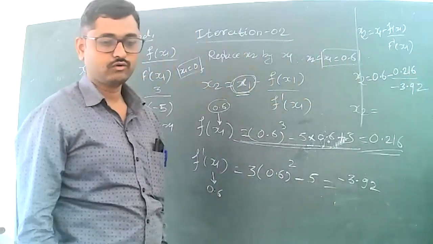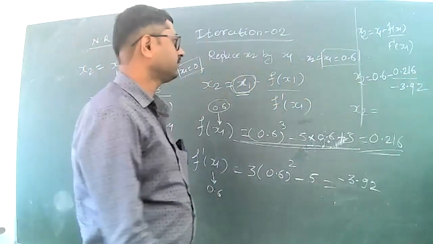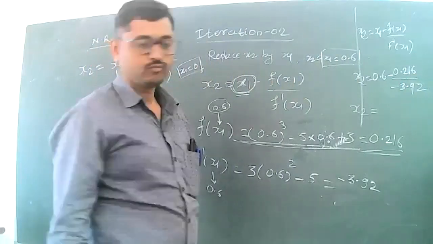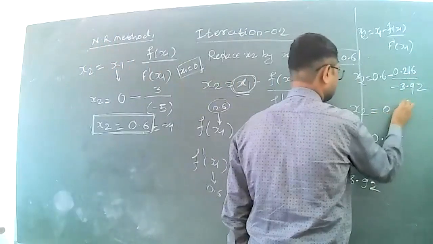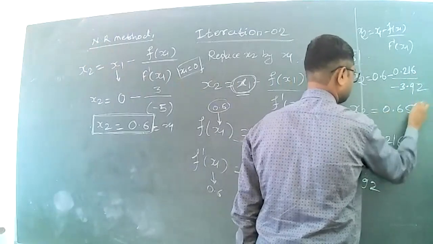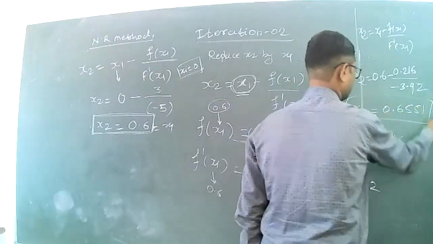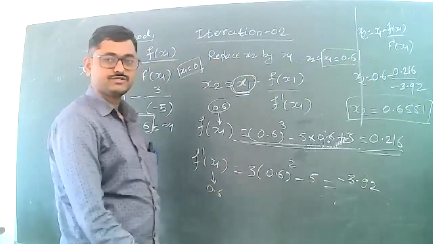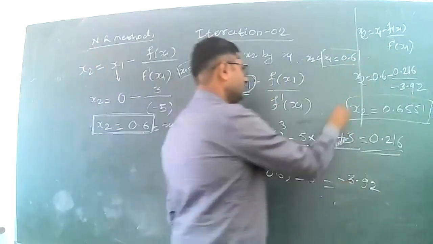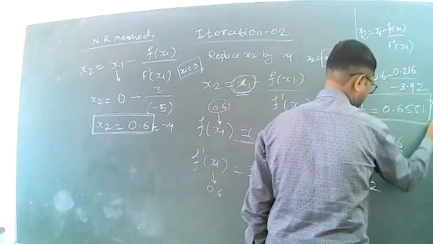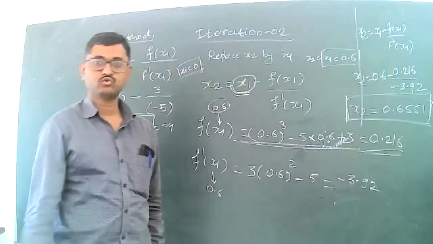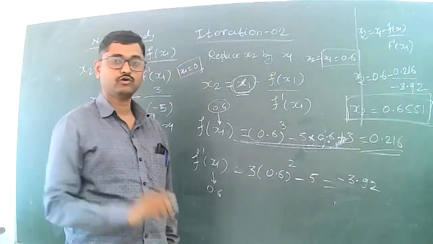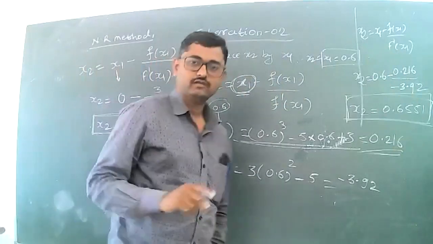By calculation, x2 is equal to 0.6551. So iteration number 2 is completed.